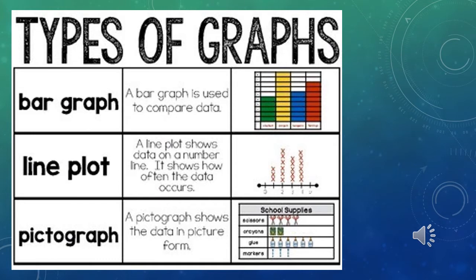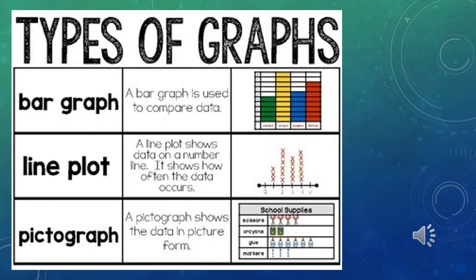So these are the three graphs that we've learned about in second grade. Bar graphs, as we know, are used to compare data. We do this by coloring rectangles and looking at how those different rectangles compare to the different categories. We've just recently learned about line plot graphs, and we show data by using a number line and x's.